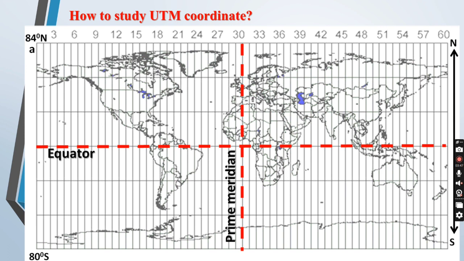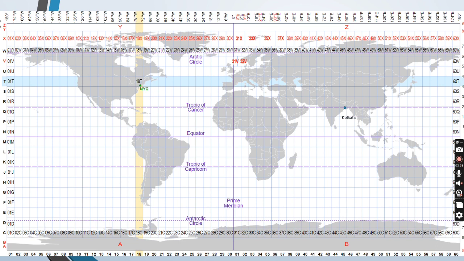Now to understand UTM further, we have to see one interesting thing. It is a more elaborate and detailed UTM map of the earth. Conventionally there are 20 latitude bands, each covering 8 degrees except the northernmost band, which covers 12 degrees.